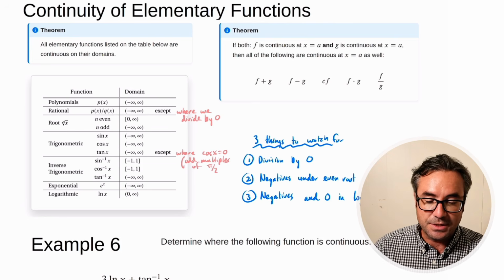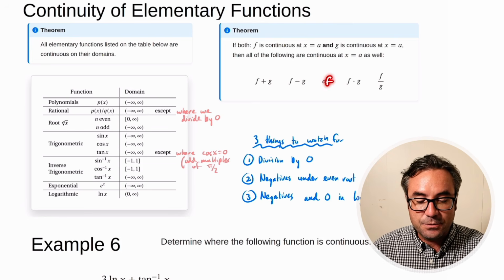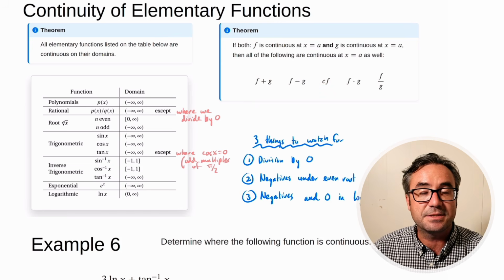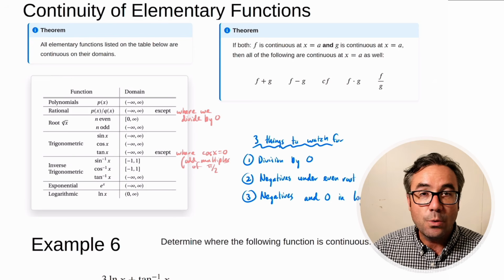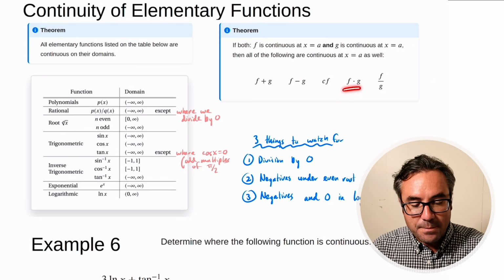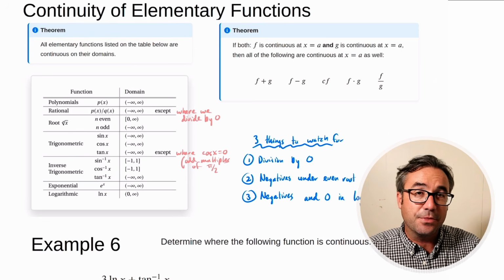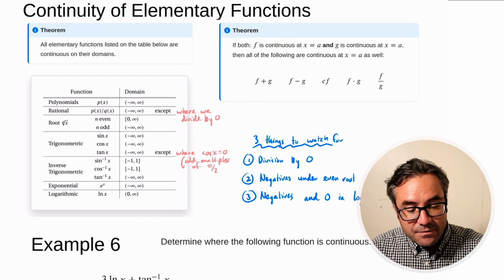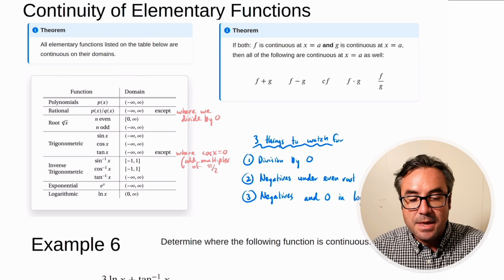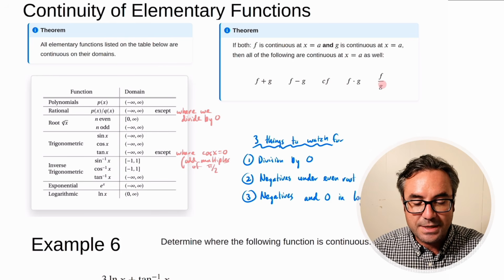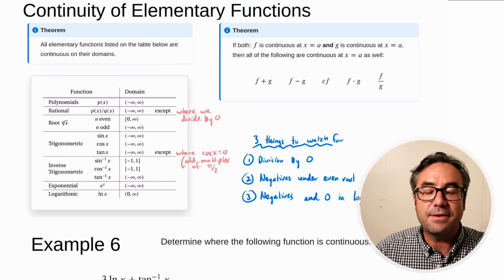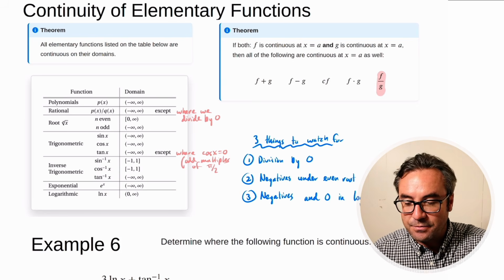The result is still continuous. We can take a continuous function and multiply by a constant. That gives us a brand new continuous function. We can multiply continuous functions, and the result is continuous. And we can even divide continuous functions. But again, there's one exception: we can't have division by 0. So this one we have to be a little careful of.